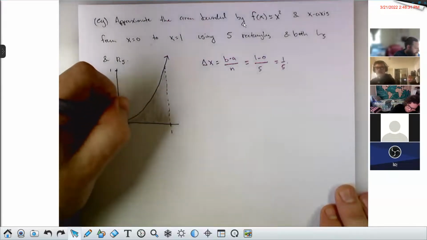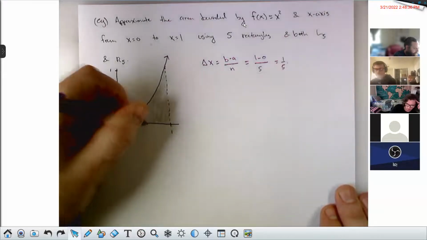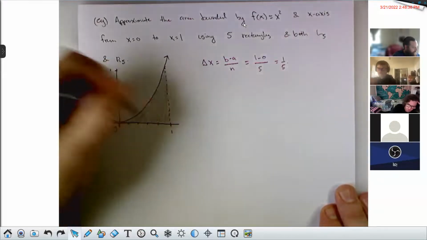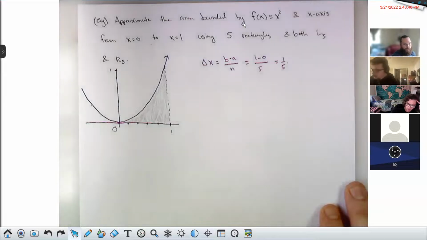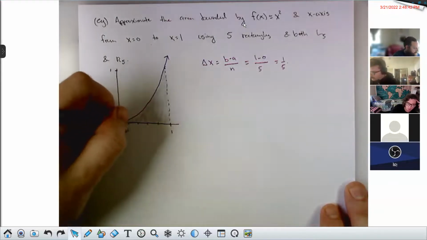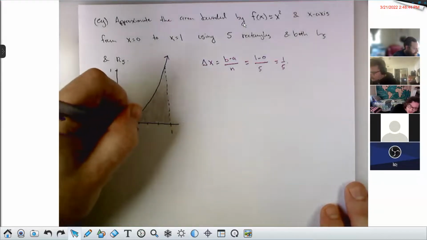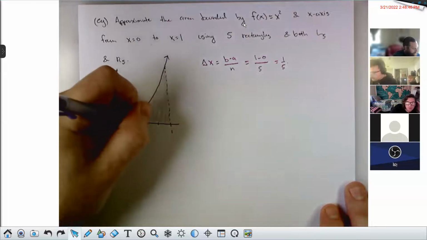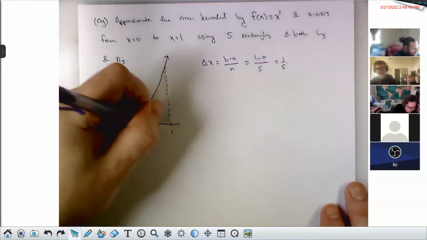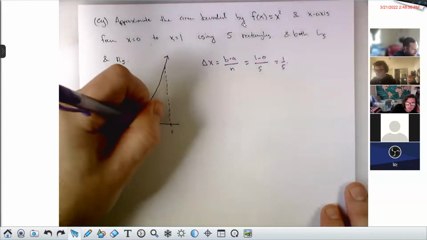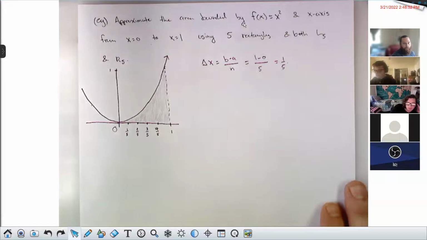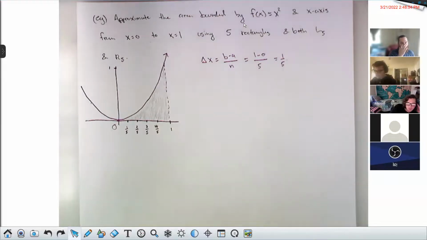So if I chop this like 1/5, 2/5, 3/5, 4/5. There it is. There is my interval AB chopped into 5 equal length subintervals.